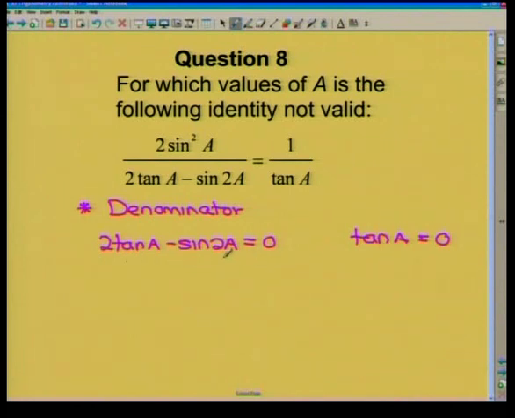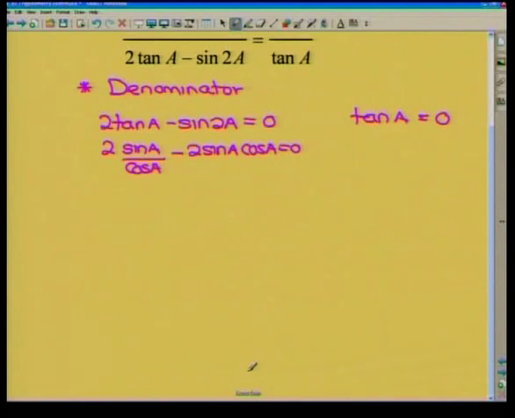Now obviously we have to solve these things. This is a little bit hectic, so let's just go through it slowly. We know that that would become 2 sin A over cos A, and sin 2A is 2 sin A cos A. Right, we can now times through by the cos A, so we have 2 sin A minus 2 sin A cos squared A equals 0.